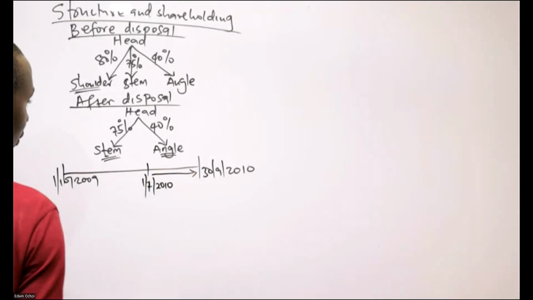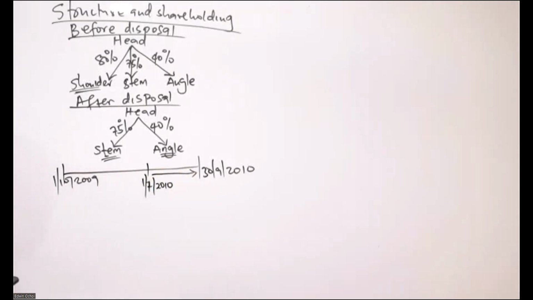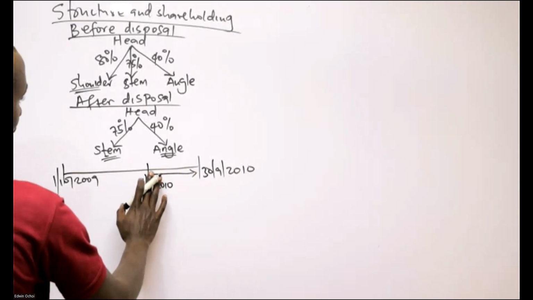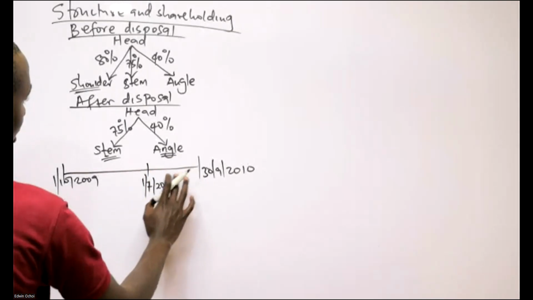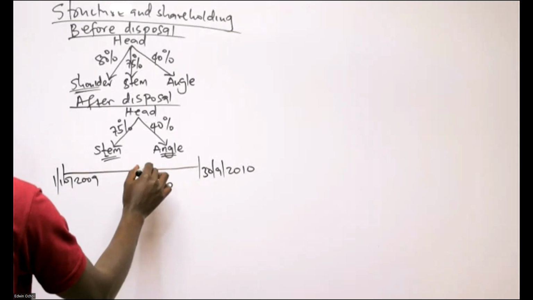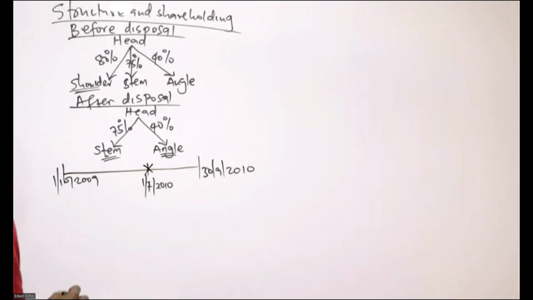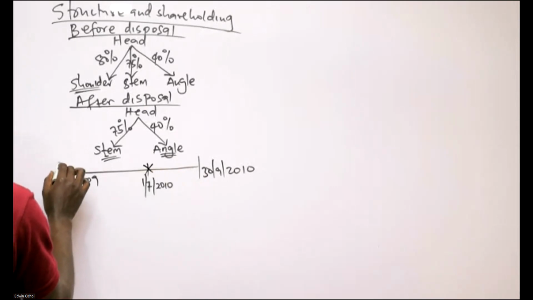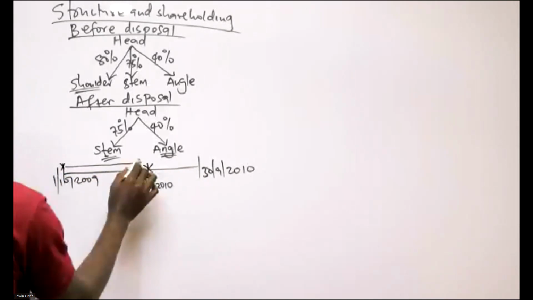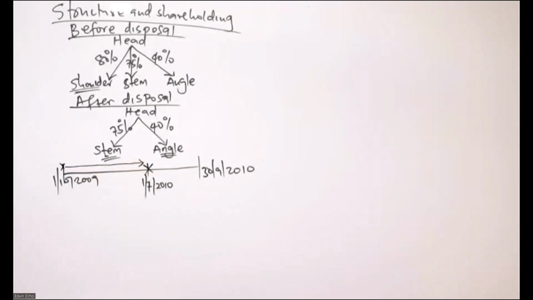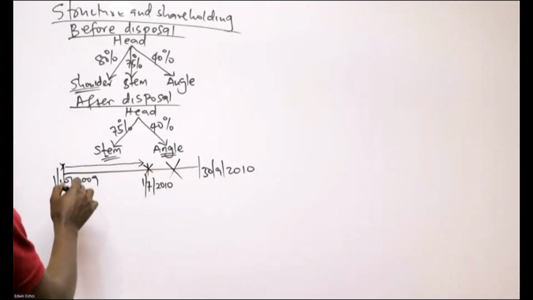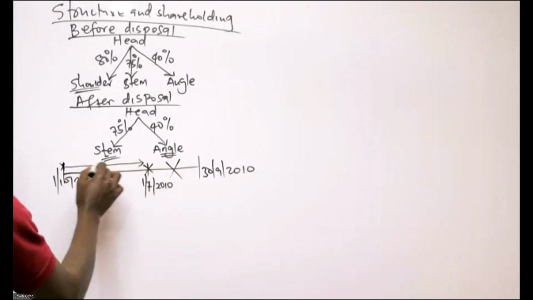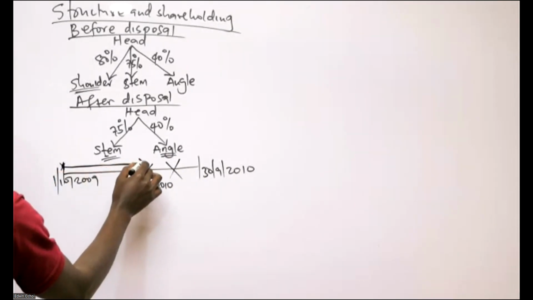From July to the end of the year, how many months are those? Not to the end of the year, because this one was disposed, we don't check towards the end. We check up to this time. It existed from the start of the year up to this time, and from July to the end of the year it was not there. So we consider the months up to July.